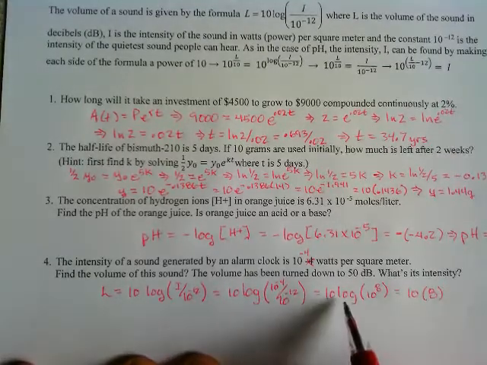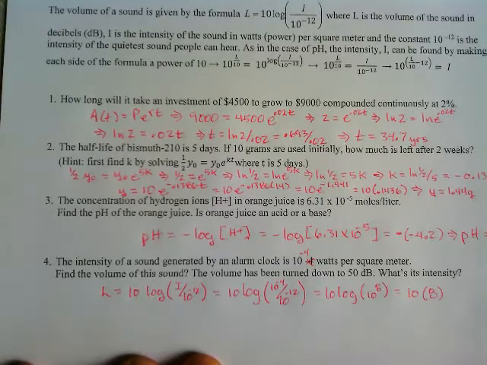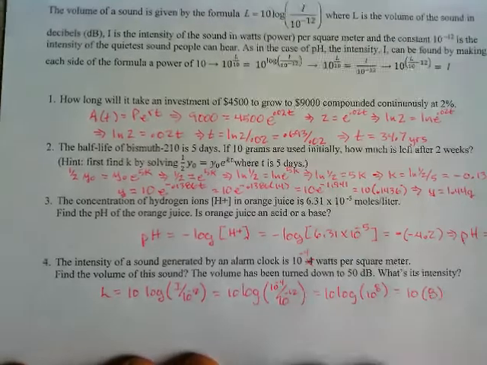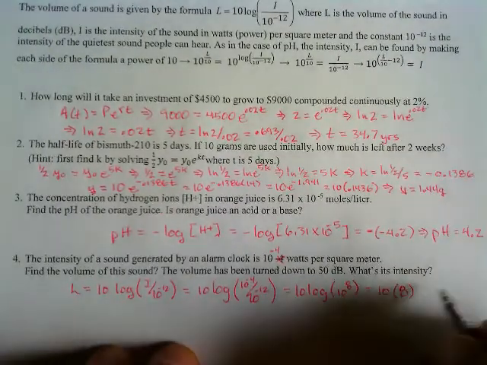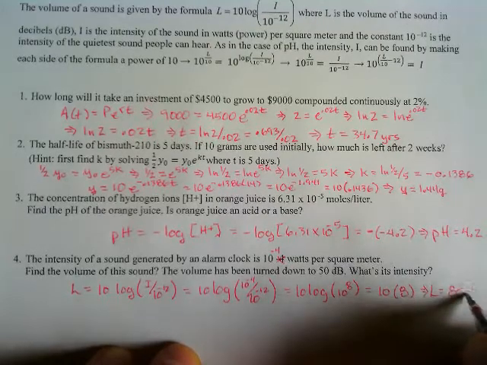Because again, since it's log base 10, I know the 10's not written, but log base 10, 10 and 10, that gives us the 8 there. And so we have, as our answer, L equals 80 decibels.